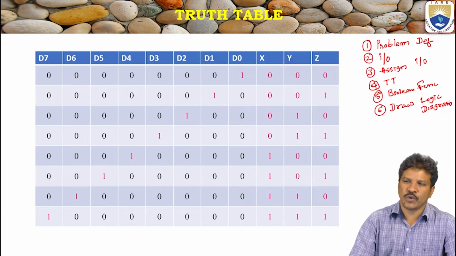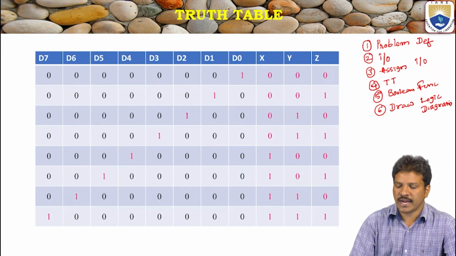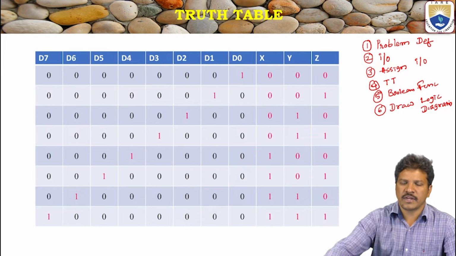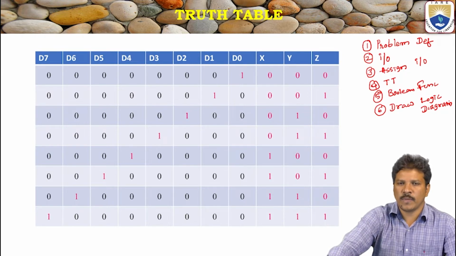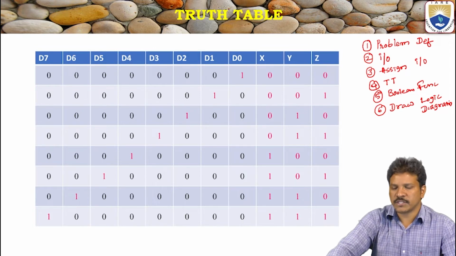Based on these steps, let us see the fourth step, the truth table. We have the problem of designing the encoder. For example, if you take the octal to binary encoder, octal means 8 inputs and the output must be 3.